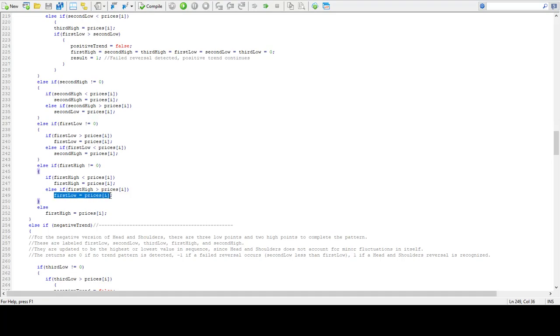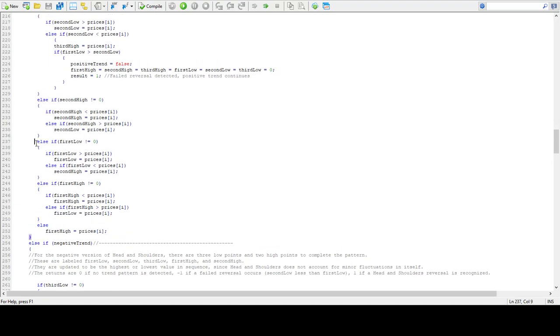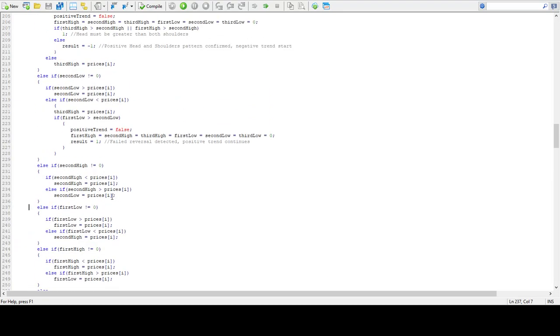If not, that means the price is going down, so you set the first low as that price, and then you do the same, except you're looking for the lowest possible value. If first low is greater than the price at any point, then it becomes the price at that point, all the way up until it starts reversing.